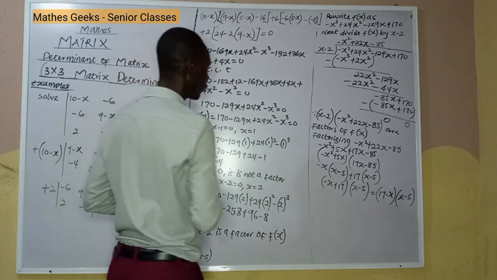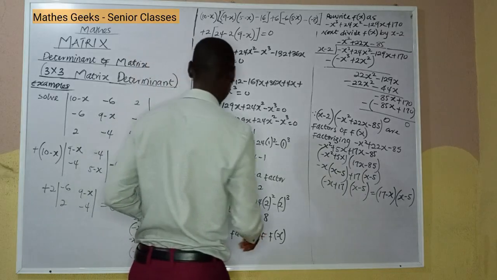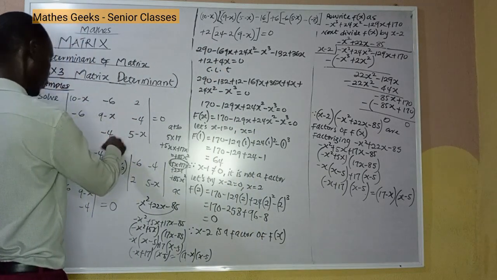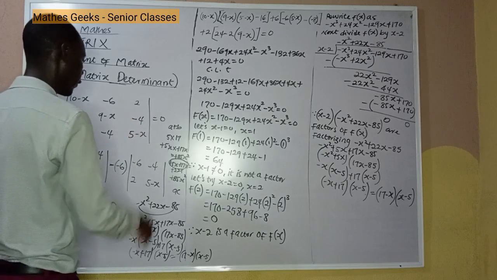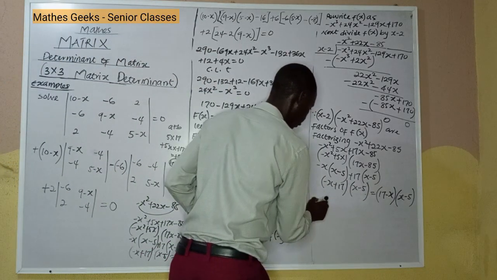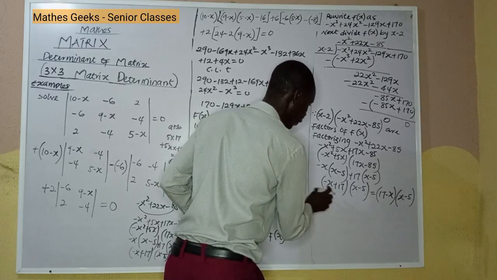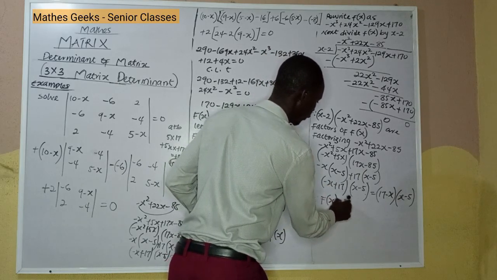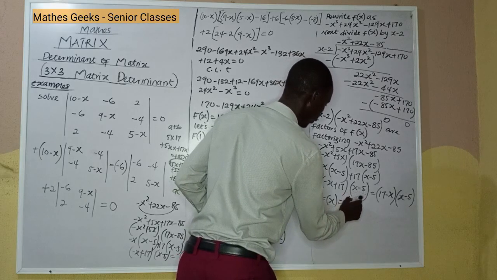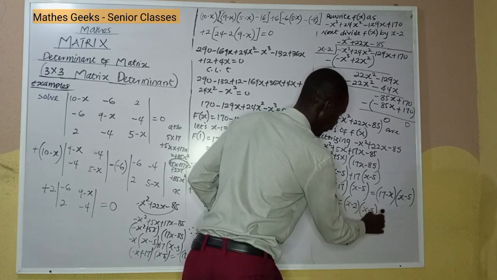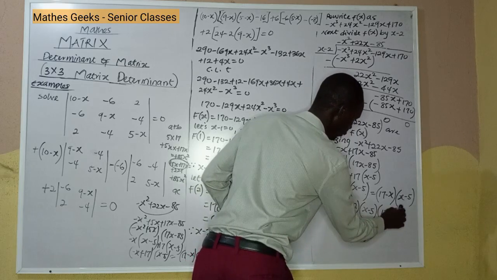So the roots of this polynomial will give us the determinant of this 3 by 3 matrix, which is the value of x. Therefore f(x) equals x minus 2, x minus 2, x minus 5, and 17 minus x.